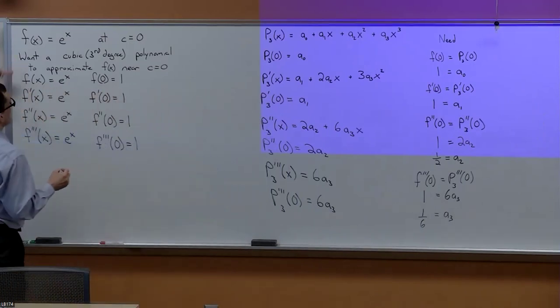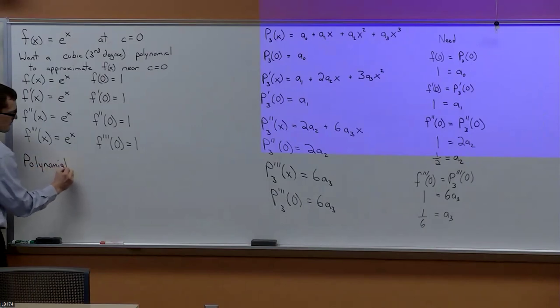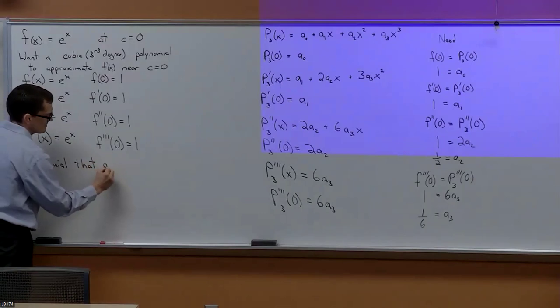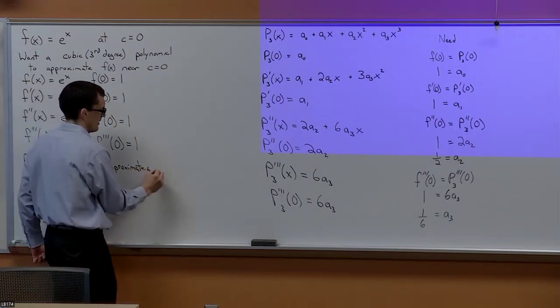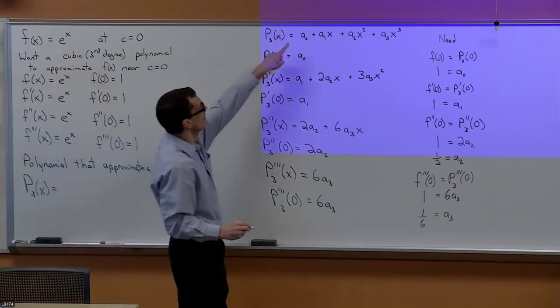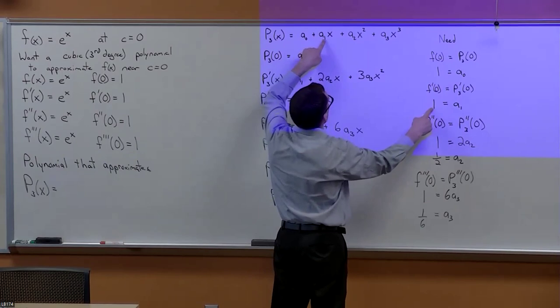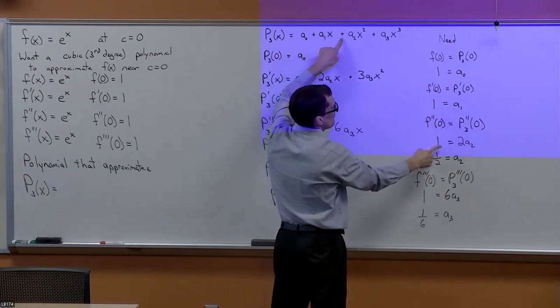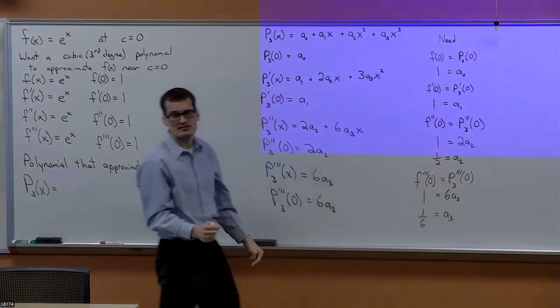So I claim that the third degree polynomial that approximates what we're trying to get here needs to be the following polynomial: 1 plus 1x plus 1/2 x squared plus 1/6 x to the third.